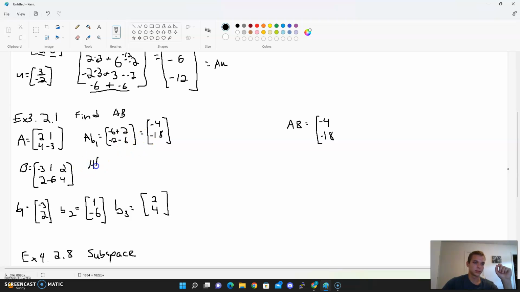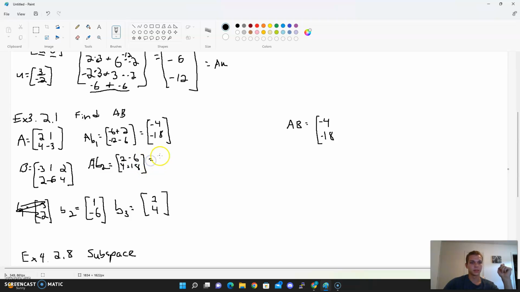So A times B2 would be 2 times 1, so now we're done with B1, so we're on B2. So 2 times 1, be 2, and then 1 times minus 6, be minus 6. We do 4 times 1, be 4, minus 3 times minus 6, be plus 18.